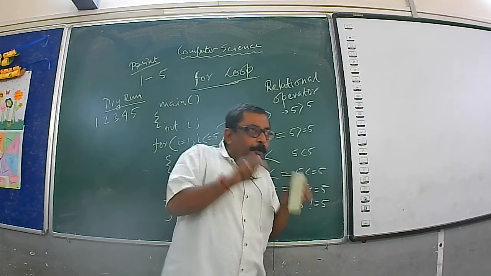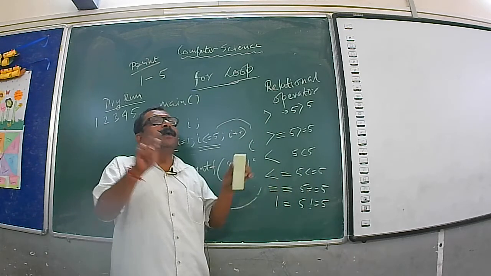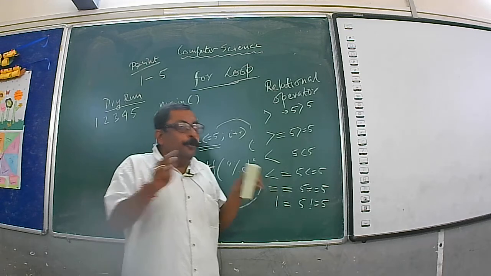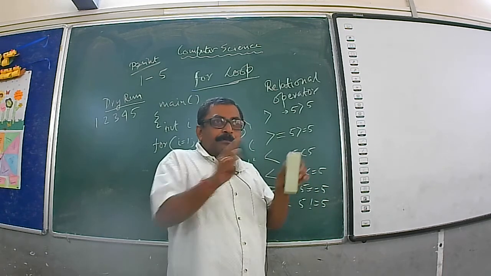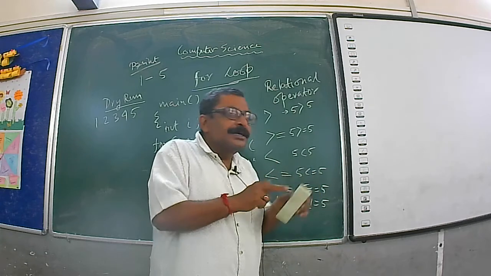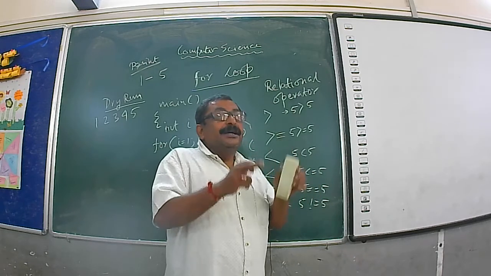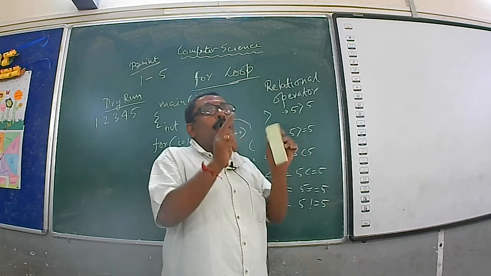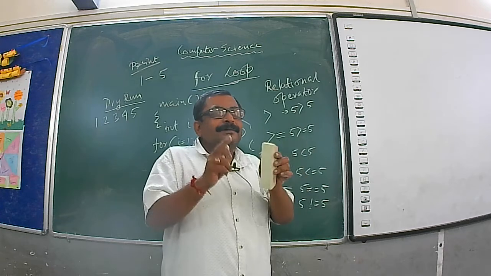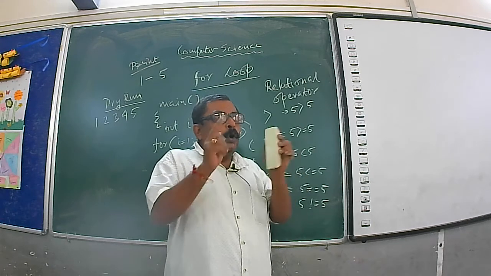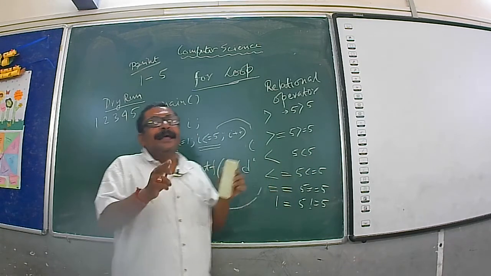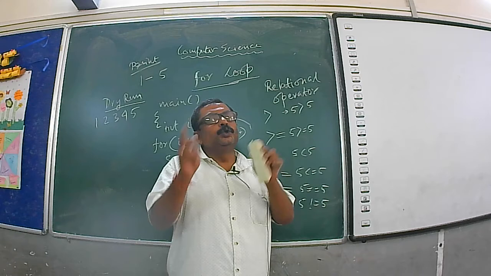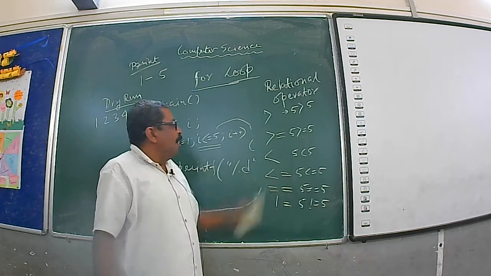Remember one more point, that is the Boolean type of data. Boolean means either true or false. In Boolean algebra, we will discuss that 0 means off, 1 means on. So when we are using any condition, the output is either true or false.